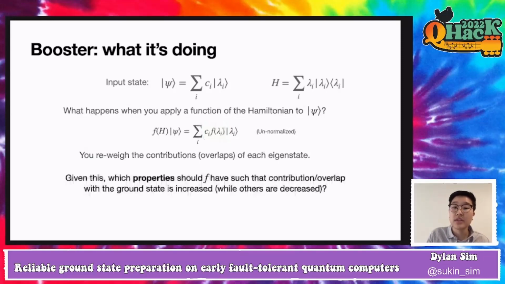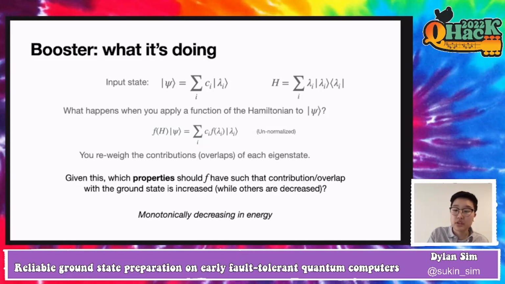Given this, what specific properties should this function f have such that the overlap with the ground state is boosted or increased while contributions of other eigenstates are decreased? And again, the answer is if f is monotonically decreasing in energy, we can achieve this property.